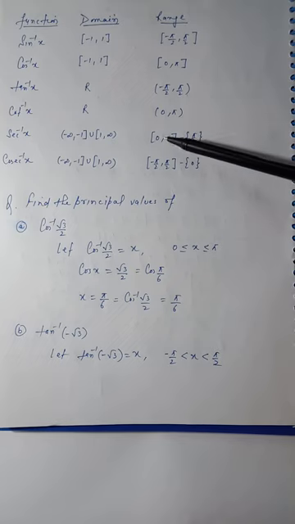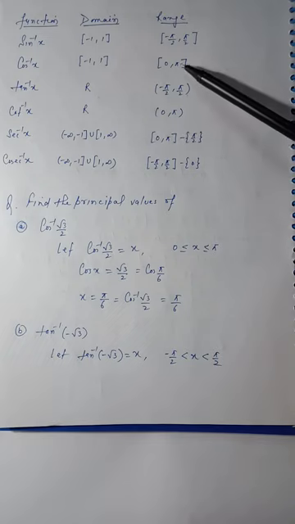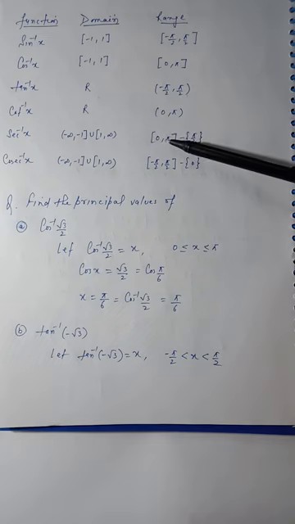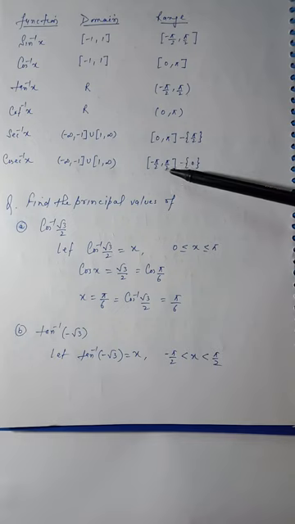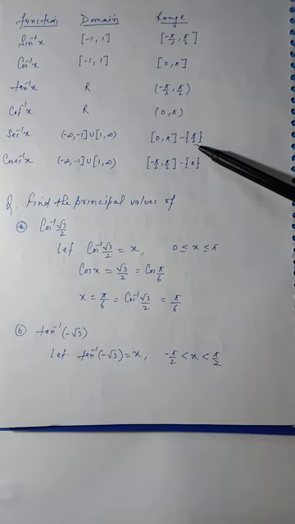In case of sec, because sec is actually the reciprocal of cos, for sec you write the same range as cos, but remove only one point, which is pi by 2. And for cosec it is the same as sine, but don't include 0, because when sine is 0, cosec is undefined. Similarly, when cos 90 is 0, sec is undefined. So that's why we are excluding these values.